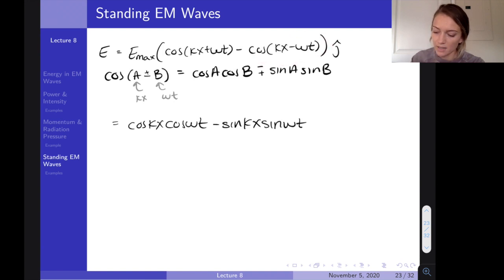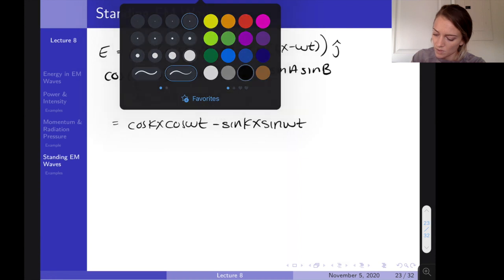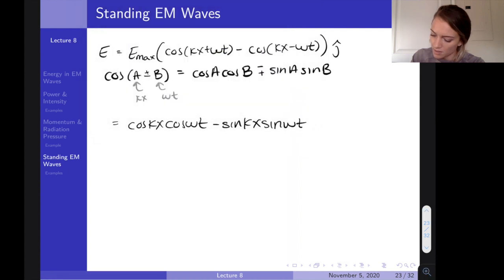Then for the second cosine term, we have minus, putting it all in parentheses, cosine kx cosine omega t, and then it's minus omega t, so the minus here corresponds to a plus here, so we do plus sine kx sine omega t.